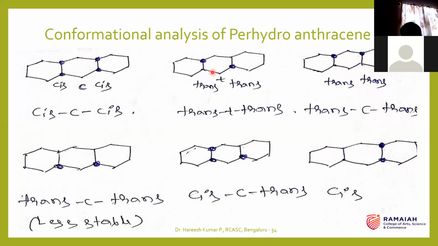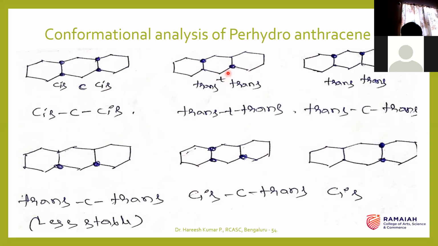Suppose there is one dot here and there is no dot, it means this is a trans ring, and here one dot is there but there is no dot here, means this is also trans. So the ring junction between A and B is trans, the ring junction between B and C is trans.